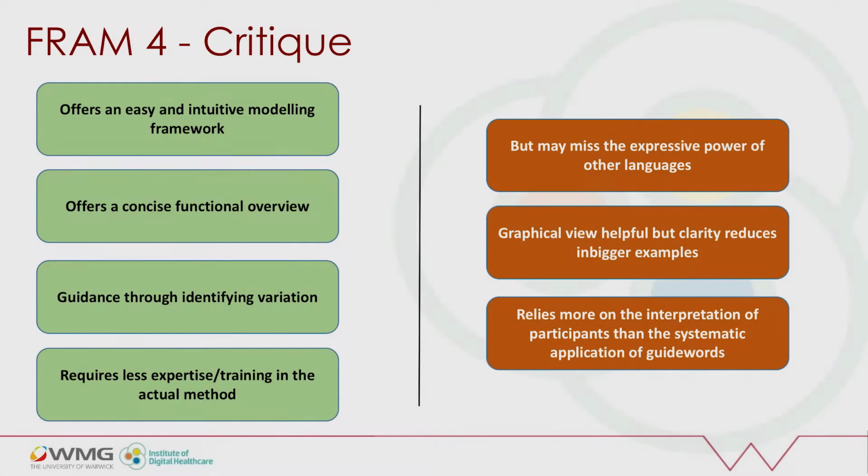FRAM offers an easy and intuitive modeling framework as it is based on a concise functional view of the system. It also provides guidance through identifying variation of the service, which makes application of the framework easy and requires less expertise and training on the actual method of FRAM. However, it may miss the expressive power of other methods which use more representations of system elements and are not limited to a functional view.